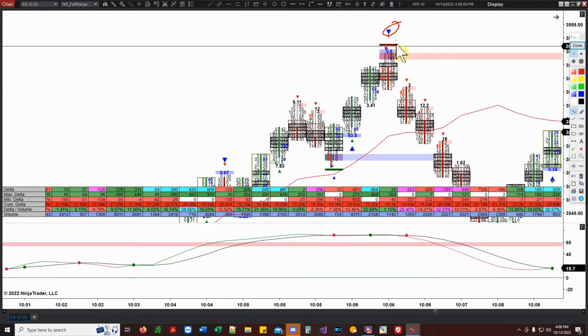Ratio. We got a tail zone there. We got trap traders. We got imbalances. That's three red flags in one right there. Okay?